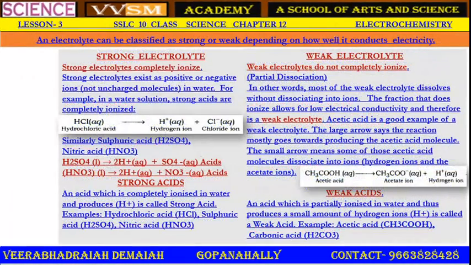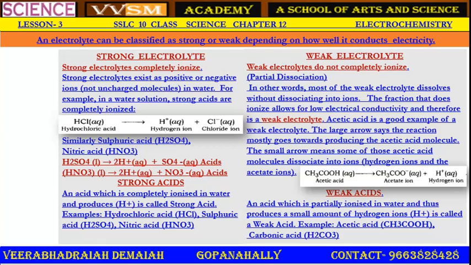Well friends, for the strong electrolytes I also give examples. I already told you, hydrochloric acid in aqueous condition gives H+ ion and chloride ion. Similarly, other acids like sulfuric acid give 2H+ ion and SO4 2- ion in solution. Similarly, nitric acid gives H+ ion and nitrate ion.